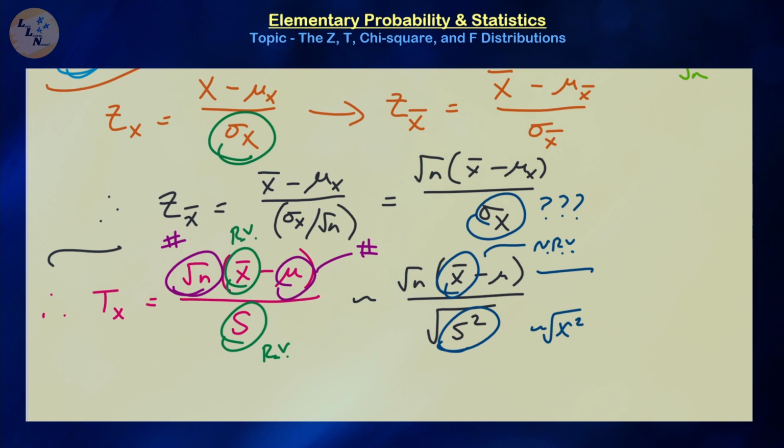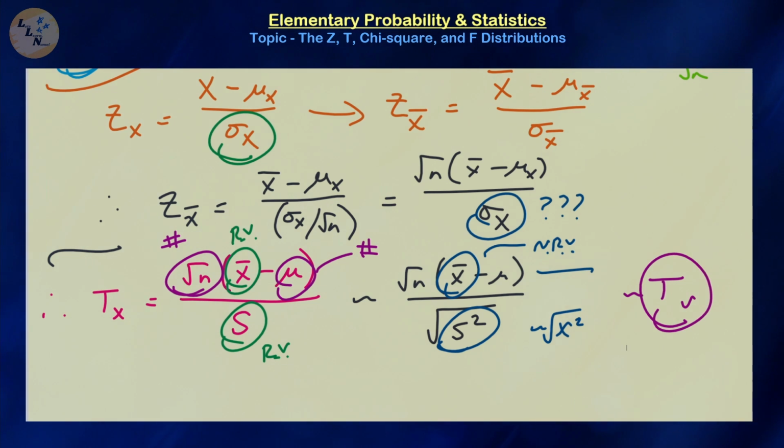So what do you get when you divide a normal random variable by a chi random variable? You get a new random variable, which is called a t random variable, which is going to have some level of degrees of freedom, right? Which I'm going to call v just for short.